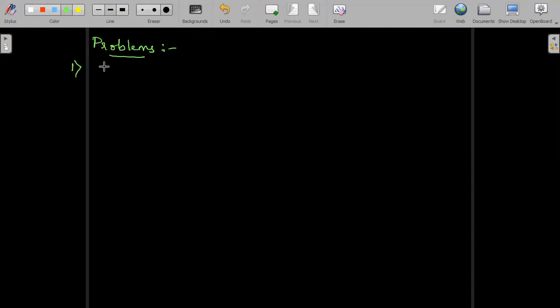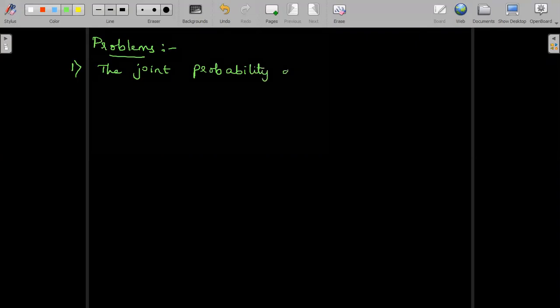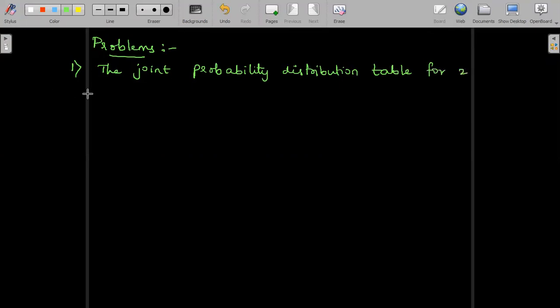The joint probability distribution table for two random variables x and y is as follows.